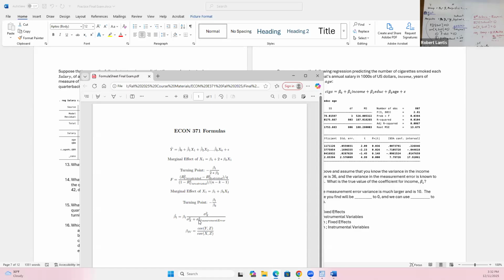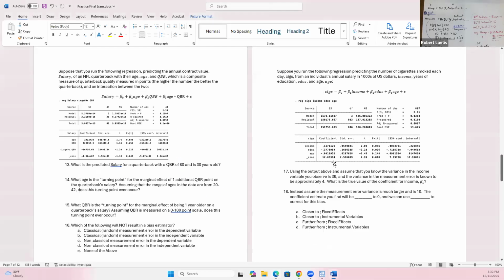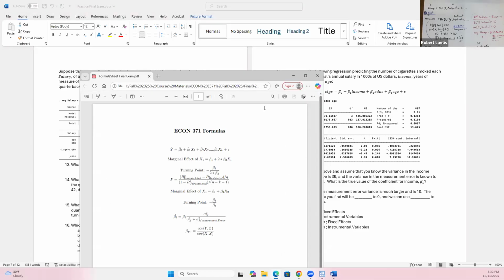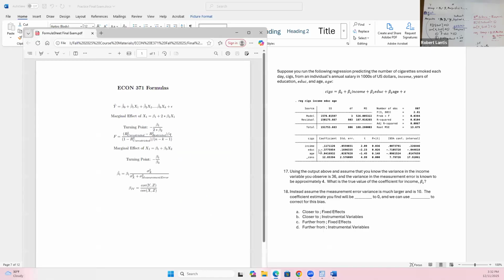Okay. Another way I could ask this question is if I gave you the regression output, what do you have from this formula? You know the variance. Where is it at? There it is. The variance in the variable, the variance in the measurement error. Do you have beta 1 or beta 1 hat? If you have the regression output, you actually have the estimate of beta 1. The estimate you see from the regression output is beta 1 hat, right?